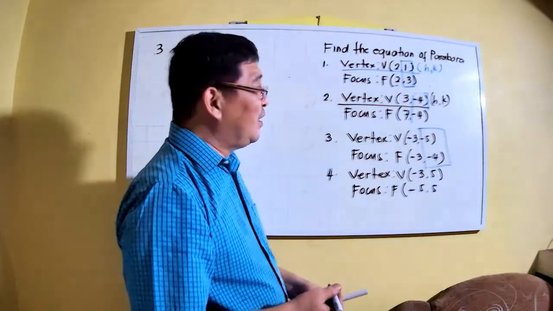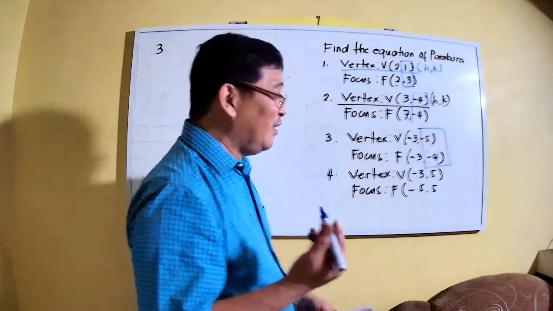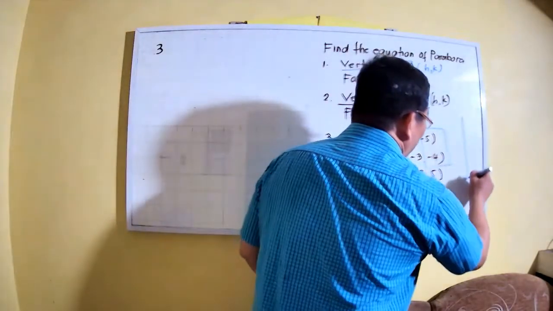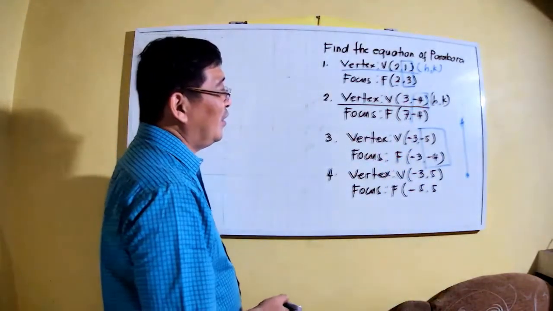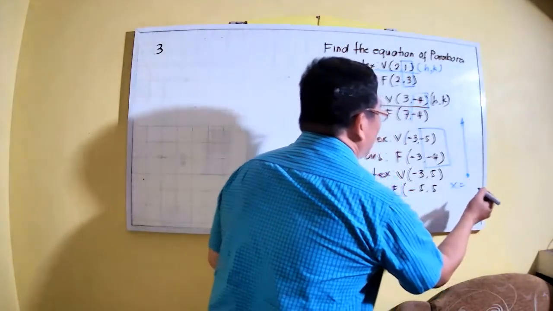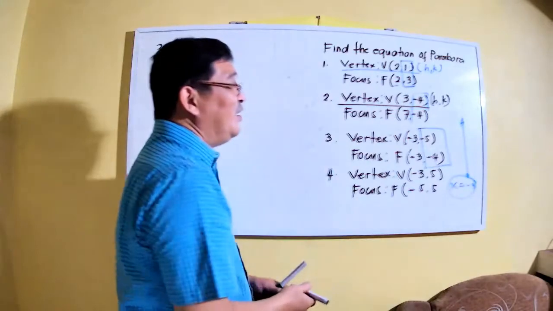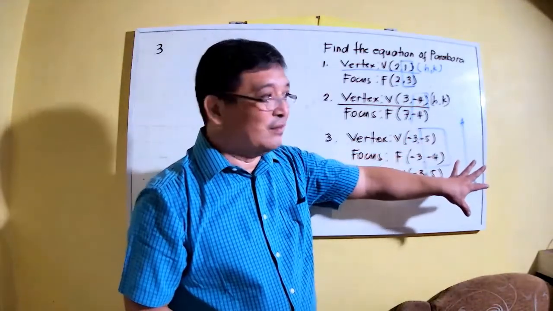So it means that the axis of symmetry is vertical, where x is equals to negative 3. So negative 3, yun yung axis of symmetry niya.